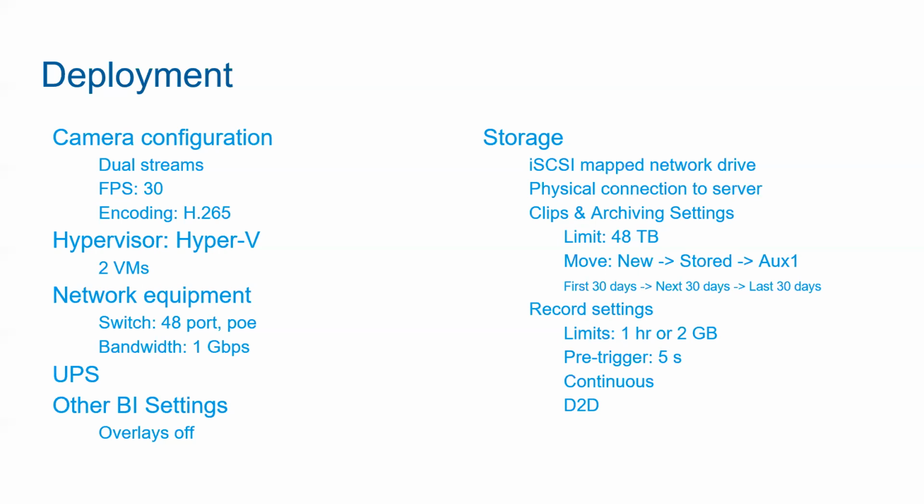Hey, so we've been running Blue Iris for, I don't know, probably 5 or 6 years now. We originally started out with a bunch of 0.3 megapixel, kind of crappy cameras.